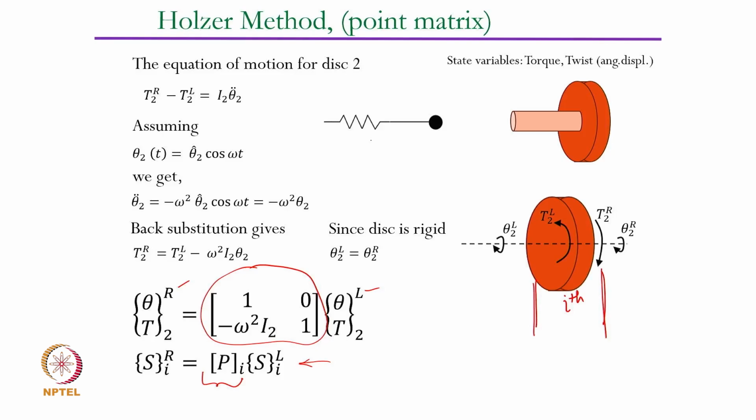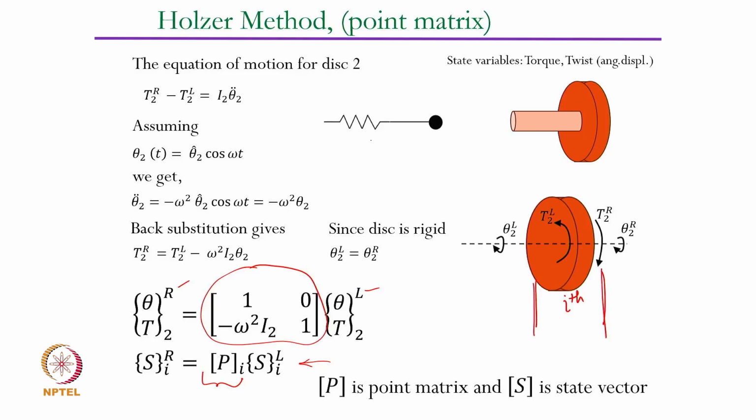The entire mass of the shaft is lumped at the disk location. The disk is there, so you can lump the mass moment of inertia of the shaft also to the disk location, but that is a point matrix Pi. Its elements are all given here, omega square I2.